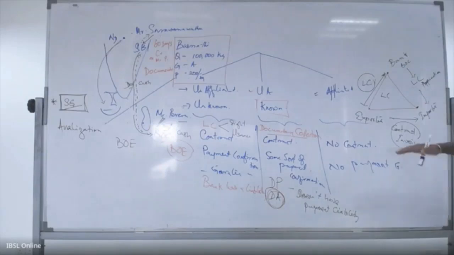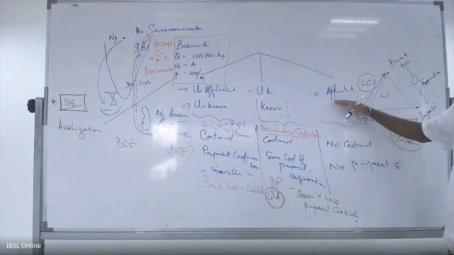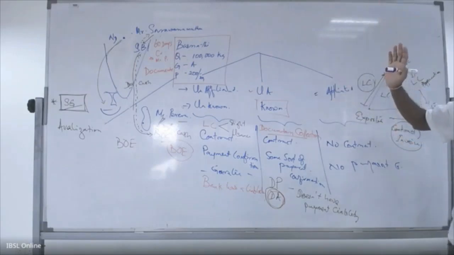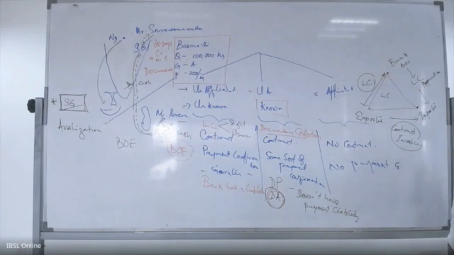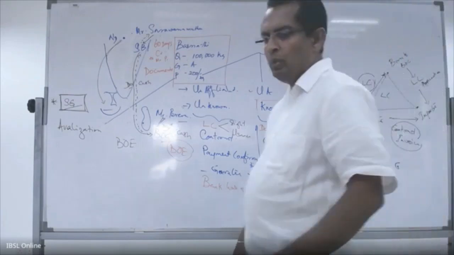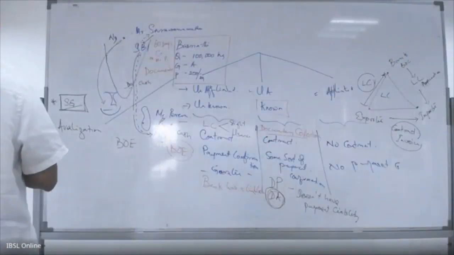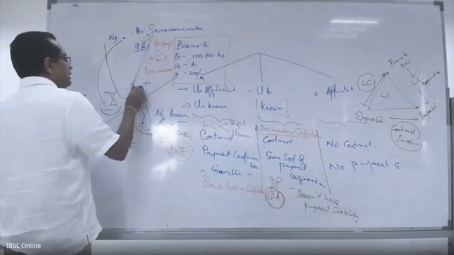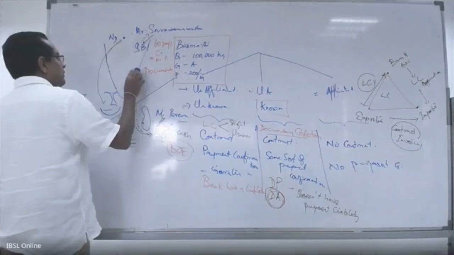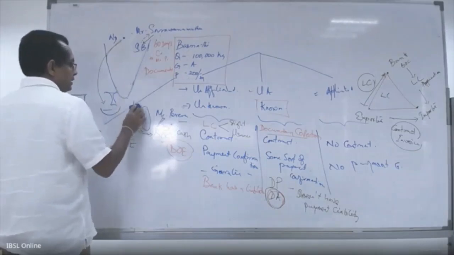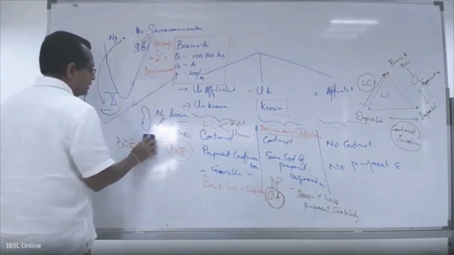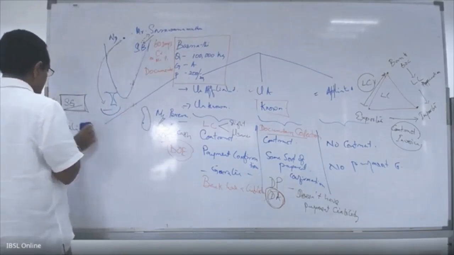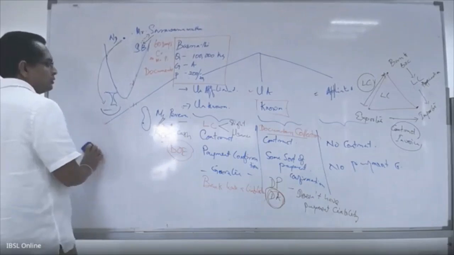Right? So third one is affiliated company. They are joined, known people. So in that scenario, the bank does not have anything to do with it. Goods will come here.